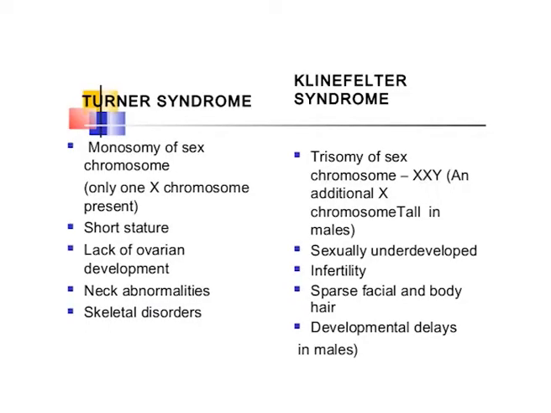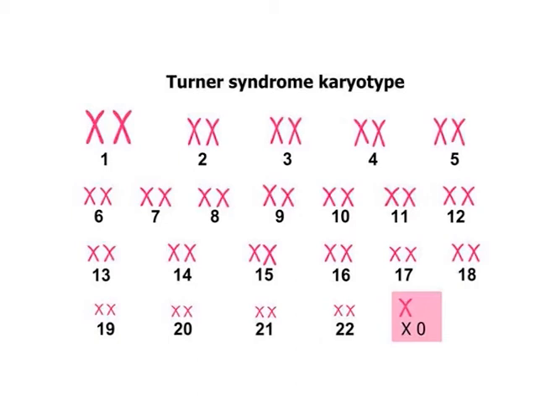The gain of an X chromosome will lead to formation of 47, that is XXY, or the loss, for example 45 chromosomes where only X is there and the Y component is missing, of an X chromosome from an otherwise diploid genome affects the phenotype, resulting in Klinefelter syndrome in XXY or Turner syndrome, that is XO, respectively.